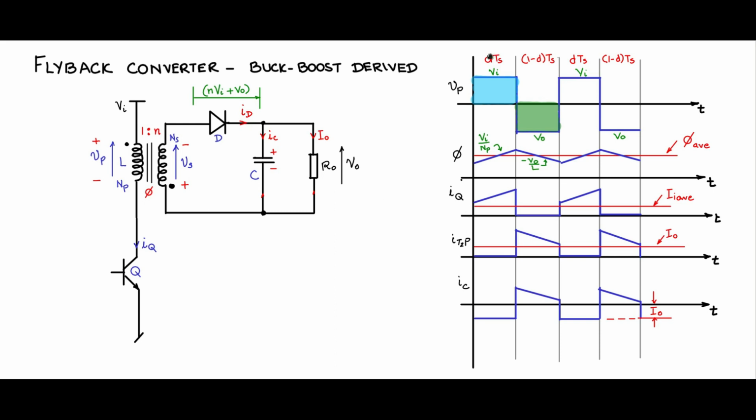So see that during the DTS period of time, IQ is a current which is rising linearly like this, and the slope there is Vi divided by L. So observe that IQ, you will have a finite current only when Q is on, and during the period 1 minus DTS, Q is off and there is no IQ. IQ current is 0.